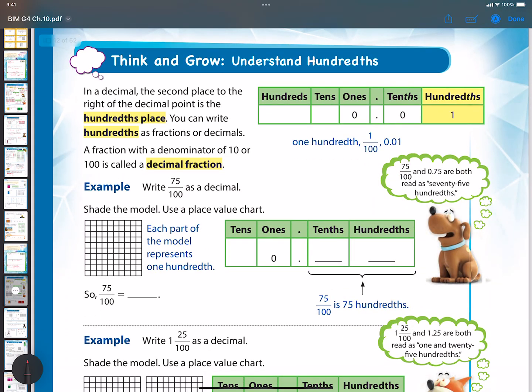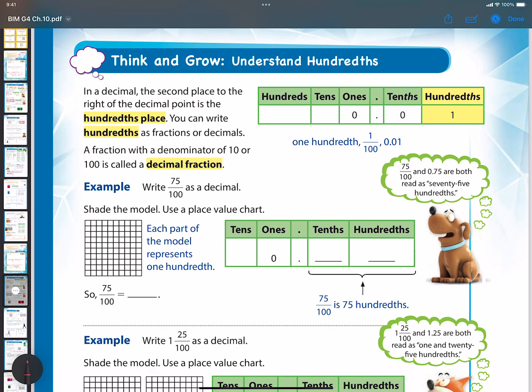Think and grow. All right, so in a decimal, the second place to the right of the decimal point is the hundredths place. You can write hundredths as fractions or decimals. A fraction with a denominator of 10 or 100 is called a decimal fraction, because in a decimal, the denominator must be 10 or 100 or 1,000 or 10,000.